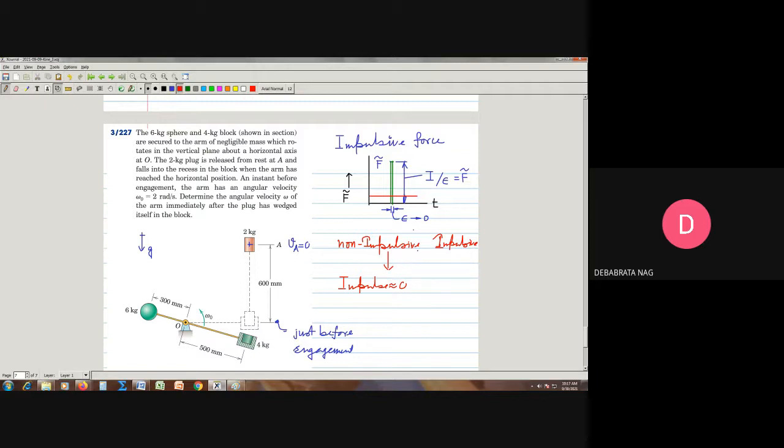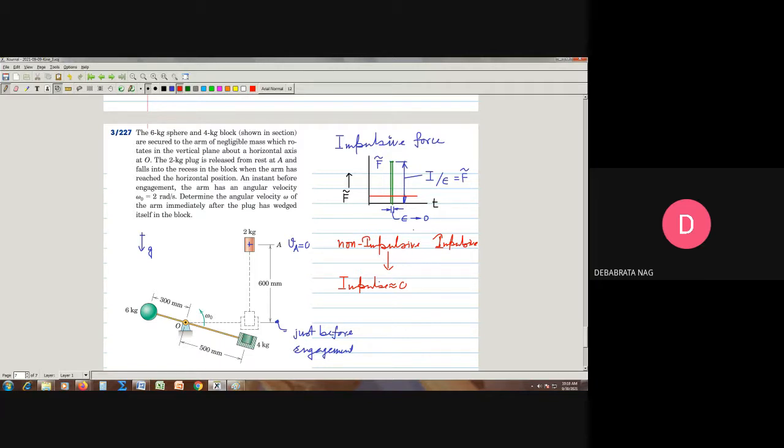That means we need not consider the non-impulsive forces for the calculation of impulse when impulsive forces are also present in the system. When you are calculating the impulses, it is imperative that you ignore the impulse created by such non-impulsive forces.